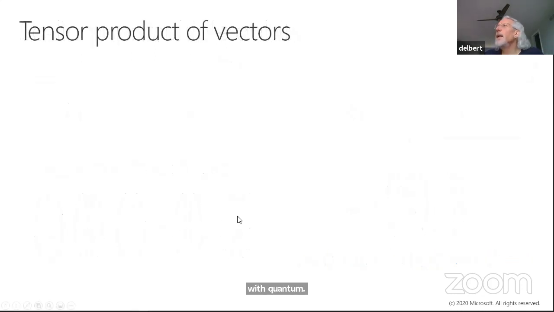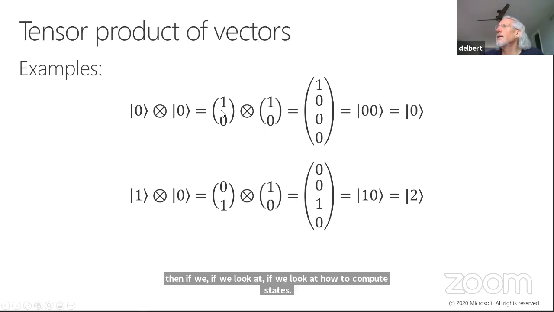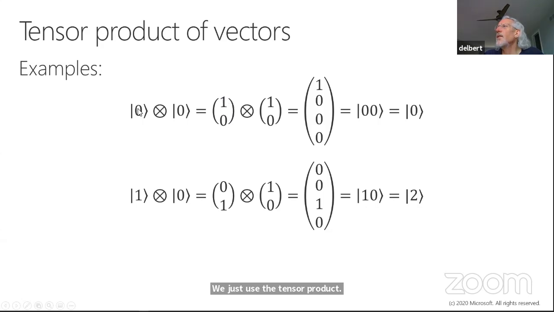So then if we look at how to compute states, we just use the tensor product. In this case, if I take the tensor product of 2 ket zeros, I've got 1 0 tensor product 1 0. So 1 times 1 is 1, 1 times 0 is 0, 0 times 1 is 0, and 0 times 0 is 0.